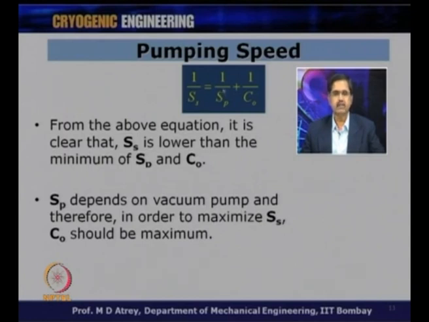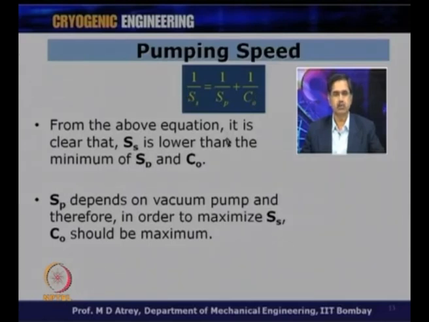Let us understand now which parameter dominates the value of SS. SP is a vacuum pump which I have bought, and therefore I know everything about SP: so many liters per minute or so many meter cube per second is what the pumping speed of an available pump is all about. So SP depends on the vacuum pump, and therefore, if I want to maximize SS, I have to maximize my C0.